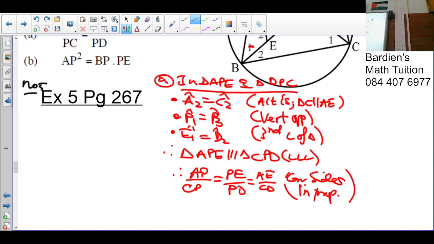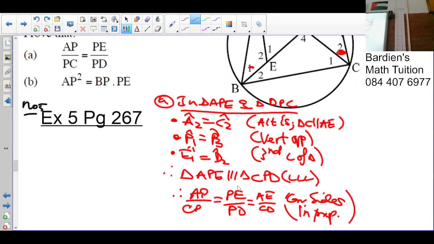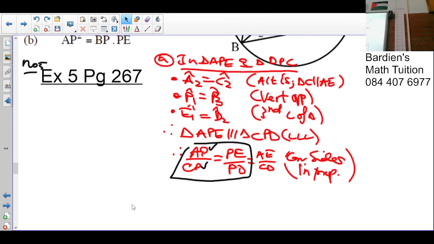So let's see what they want. They want AP, they want PC, they want PE and PD. So that's exactly what they want. So you can just say therefore AP over CP is equal to PE over PD.